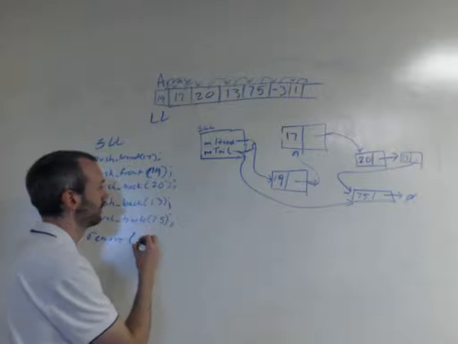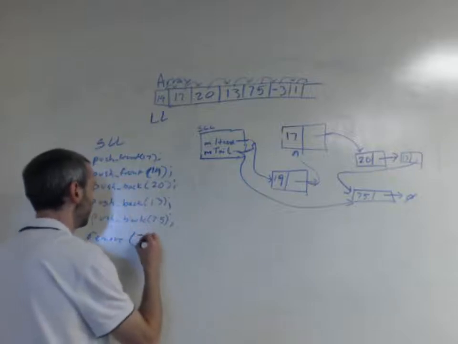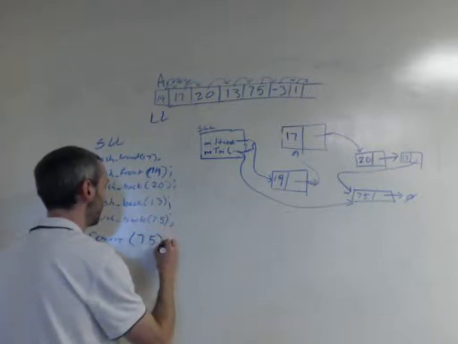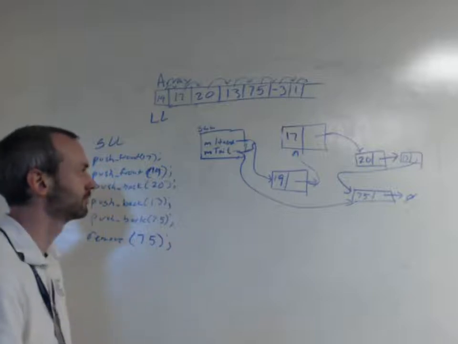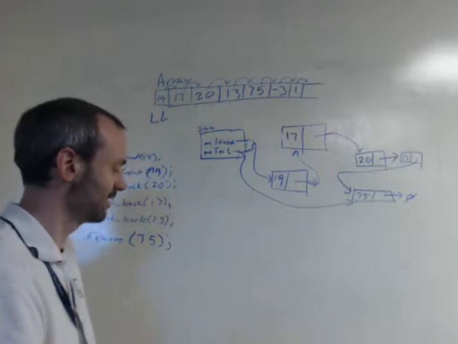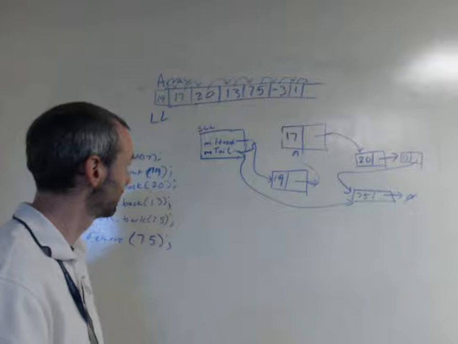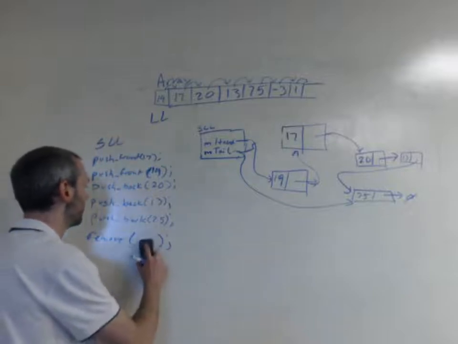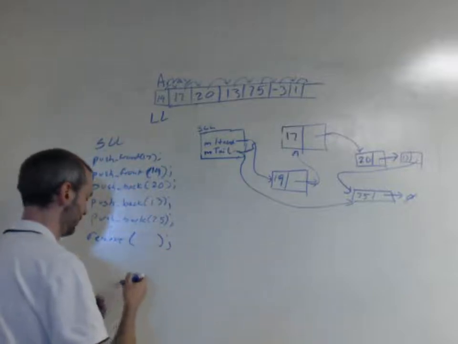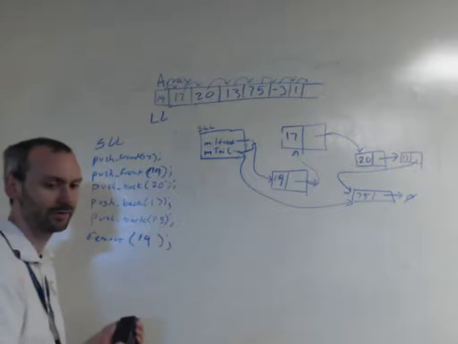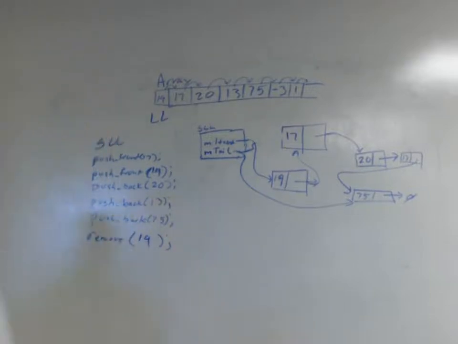And let's make this easy on ourselves. Let's remove 75. Maybe not as easy as it looks. Let's do the easiest case. I take that back. 19. There we go.